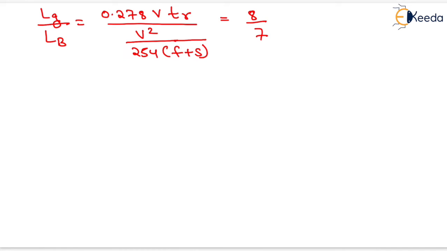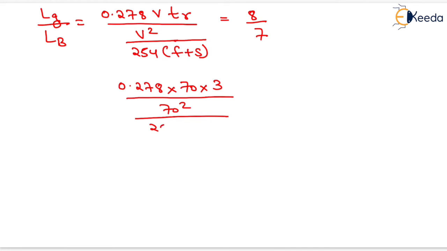Now we will put all the values, that is 0.278. The value of V is given as 70 km per hour and the reaction time is given as 3 seconds, divided by 70 square upon 254. The value of F is given as 0.35 plus S is equal to 8/7.